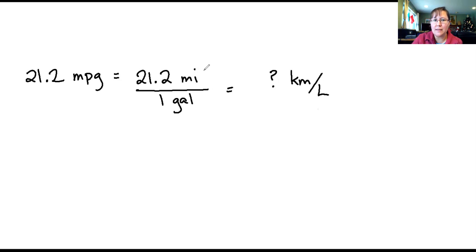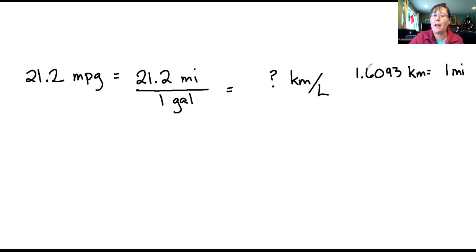So our distance conversion factors here are miles to kilometers. There are different ones that you could find, but this is the one that I'm going to use right now, and that's that there are 1.6093 kilometers in 1 mile.